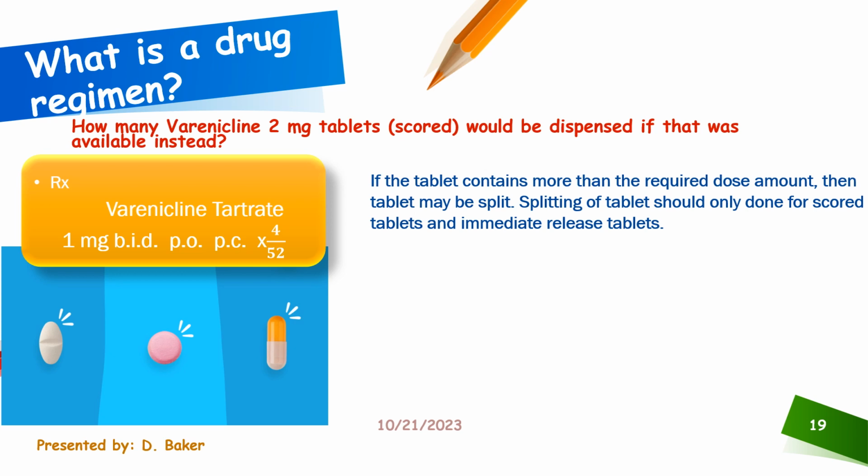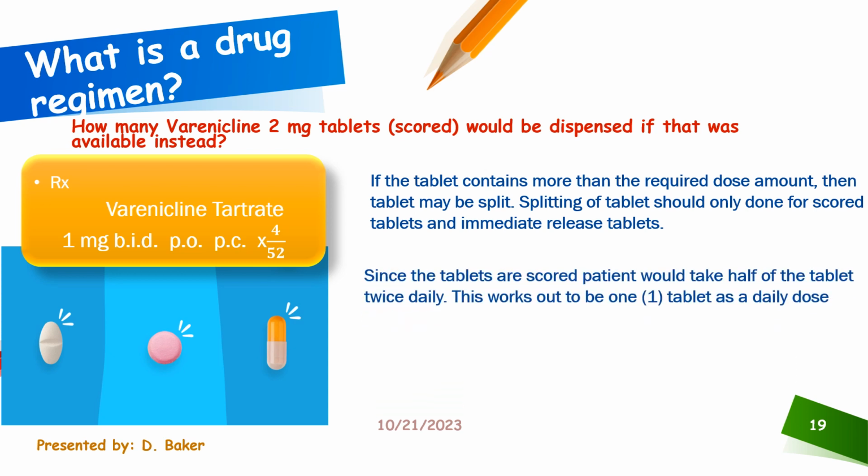The tablet contains more than the required dose amount, so of course you're going to be halving the tablet. Since the tablets are scored, the patient would be taking half 2 times daily, so that would be 1 tablet per day. 1 tablet daily times the 28 days, which is the duration of the prescription, would lead you to 28 tablets.